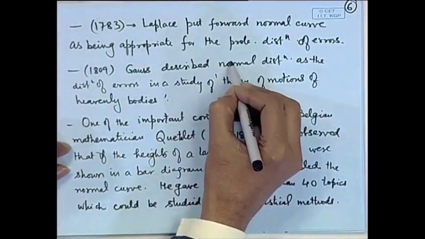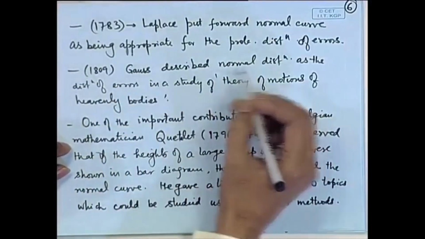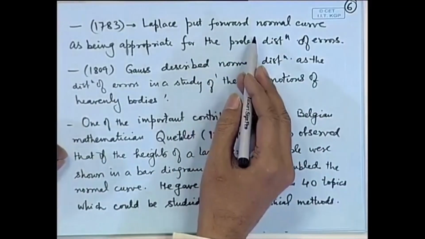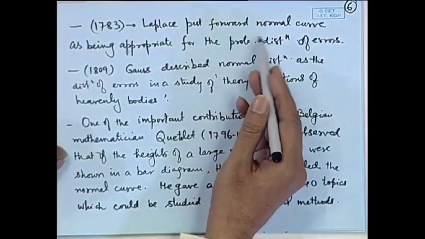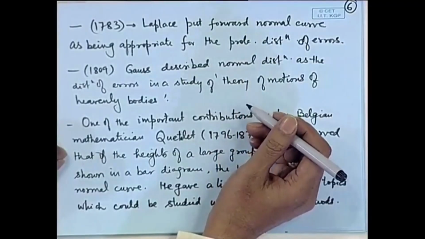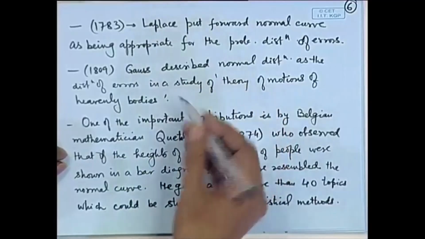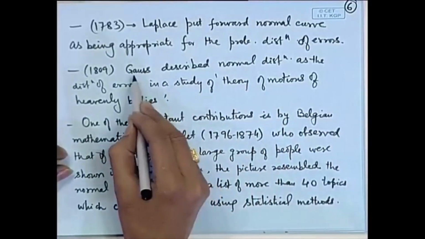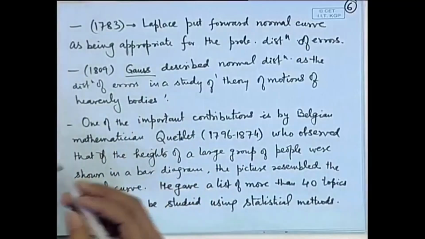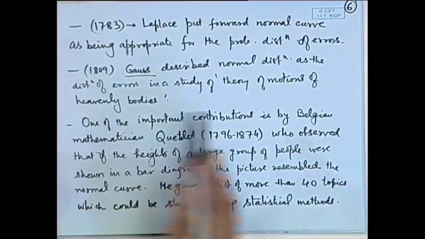His treatise came in 1809, but he credited Laplace, saying that this idea was from Laplace. In fact, the normal distribution has the name Gaussian distribution because of the study by Gauss on this topic.